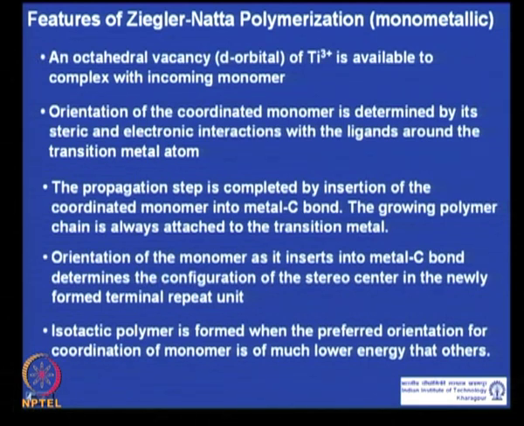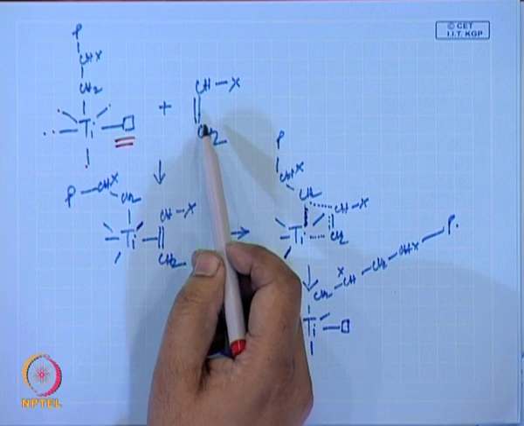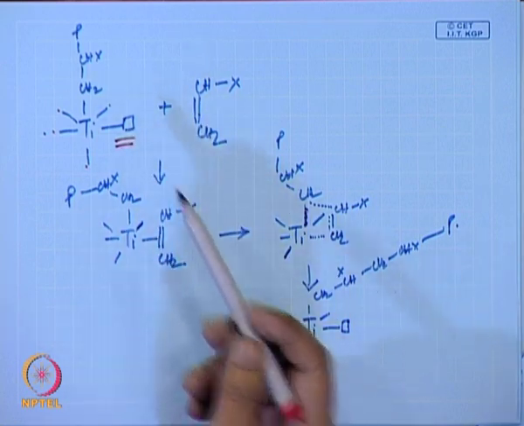If one of the orientations of the incoming monomer molecules is much preferred, then isotactic polymerization takes place. So, now we basically know the mechanism of Ziegler-Natta polymerization.